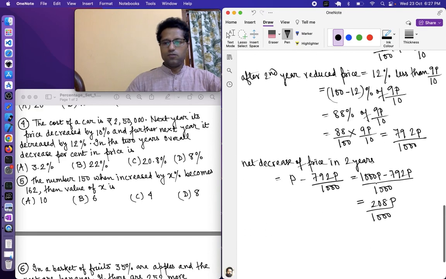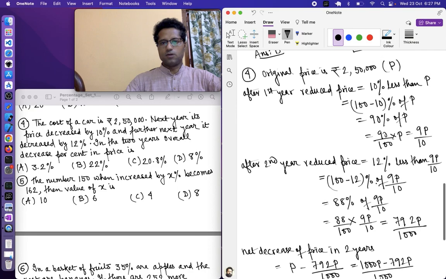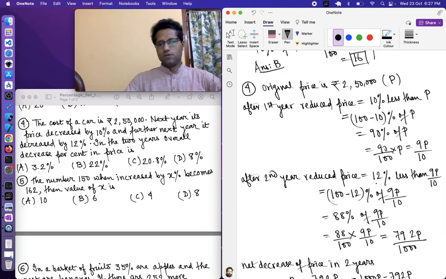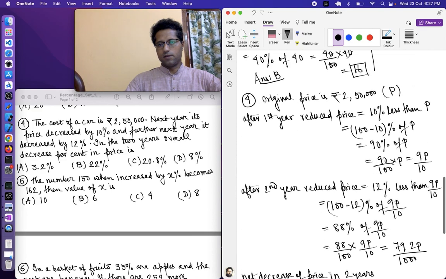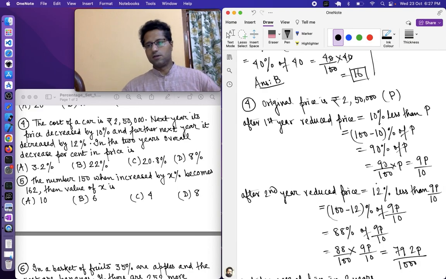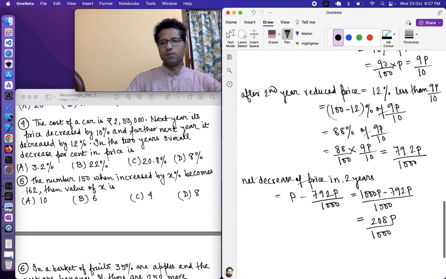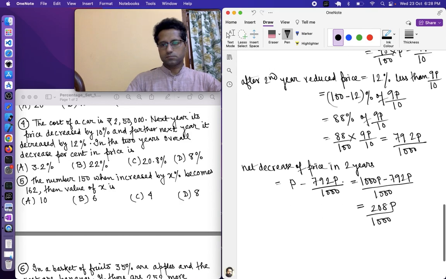Now you will see that the original price 2,50,000 will actually not be used in solving the problem. When I assumed the original price to be P, I was not conscious about that fact. But now I realized that in solving the problem, the value of 2,50,000 will actually not be used.